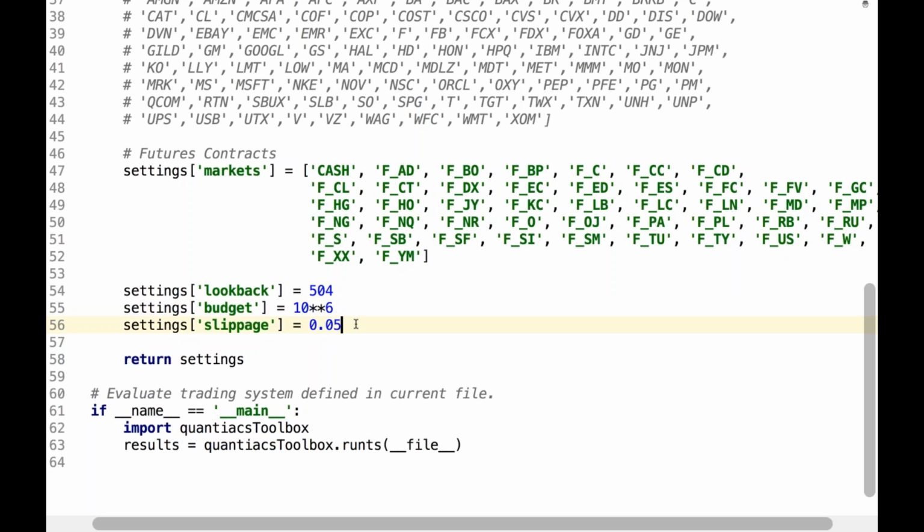The slippage is essentially a transaction cost. At this point, we only deal with end-of-day data. So you will run your algorithm, and then you will tell us what futures you're interested in either investing in or removing from your existing portfolio.